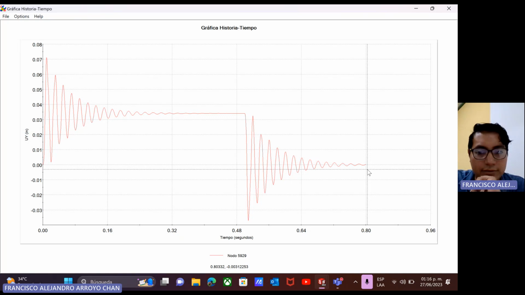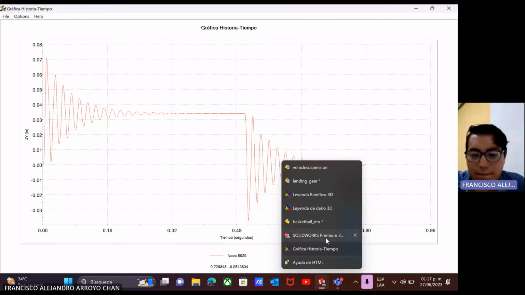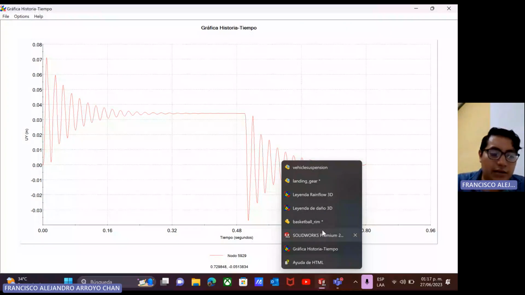These 3 tutorials of SolidWorks simulation are very, very simple about the fatigue and the linear dynamic in this case.